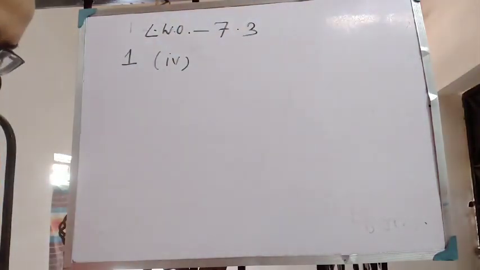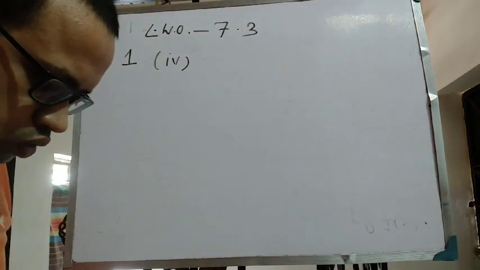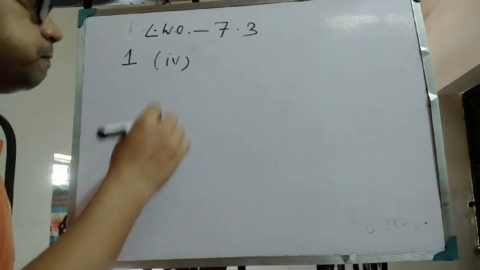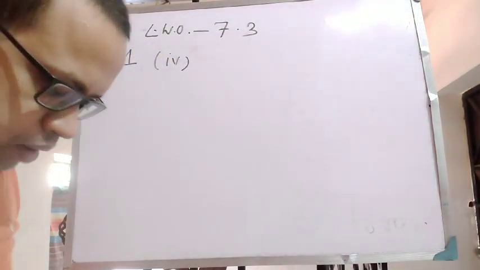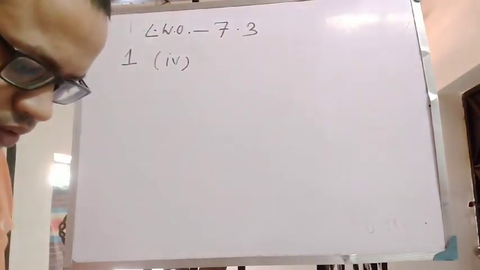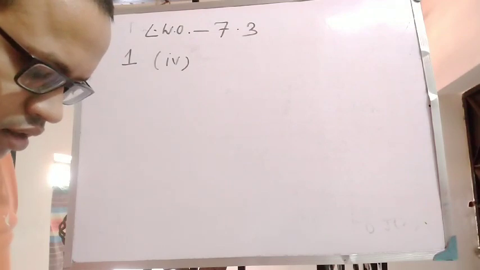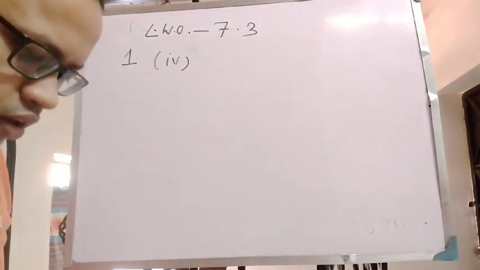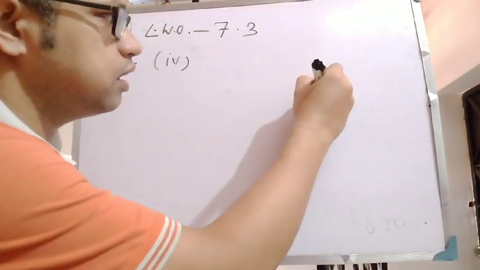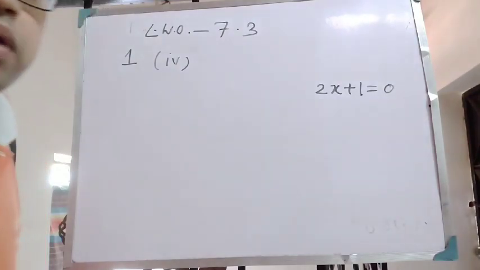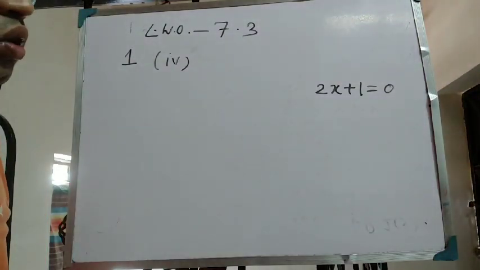In 7.3, you are asked to find the remainder of the expression x cube minus 3x square plus 2x plus 5 when it is divided by 2x plus 1. So on the right-hand side, first of all, 2x plus 1 equals 0.